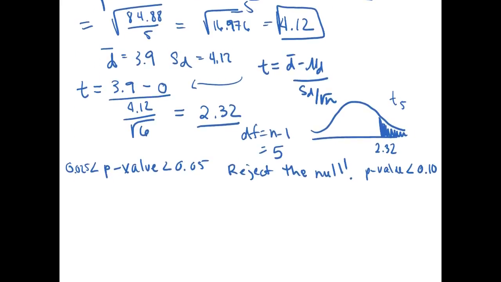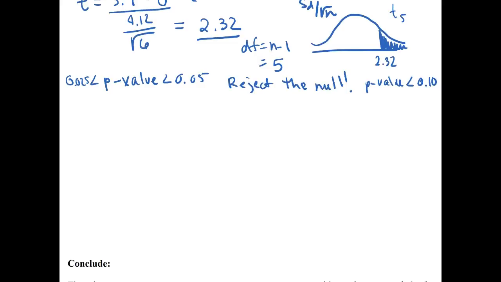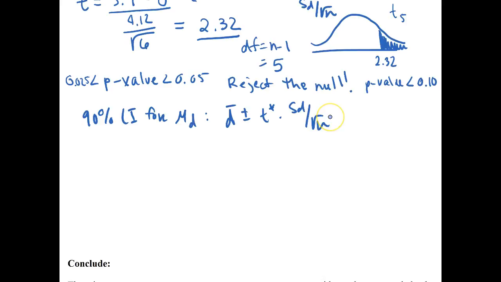Now the last thing we need to do is calculate a 90% confidence interval so we can write up our 4-part conclusion. So the 90% CI for mu d, that's the unknown parameter, is equal to d bar plus or minus a t critical value times SD over the square root of the number of differences we have.